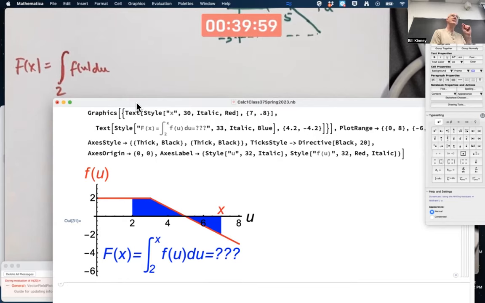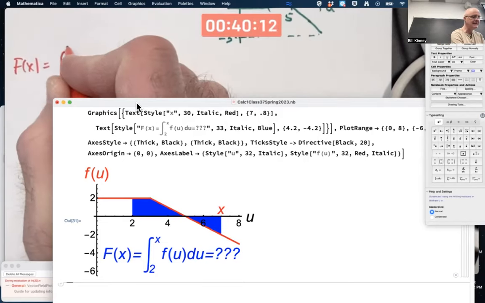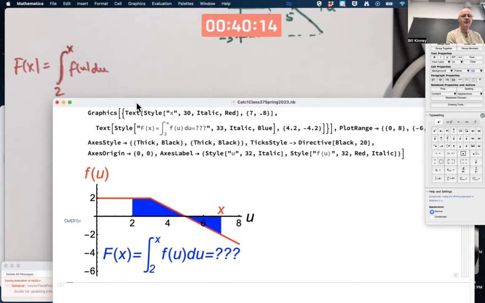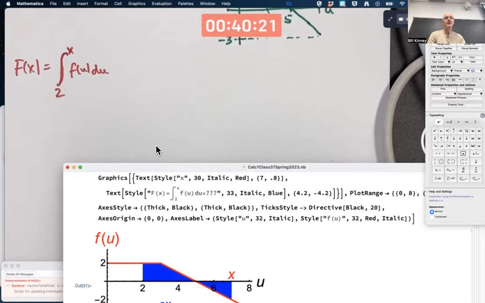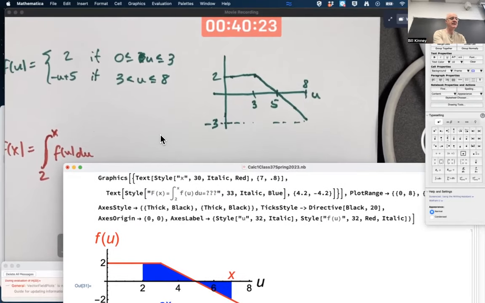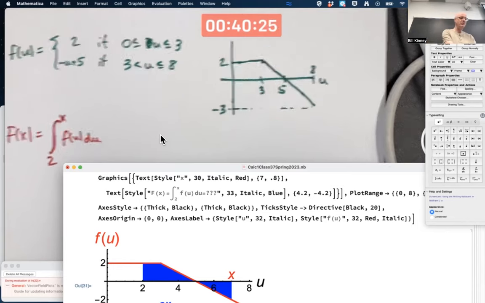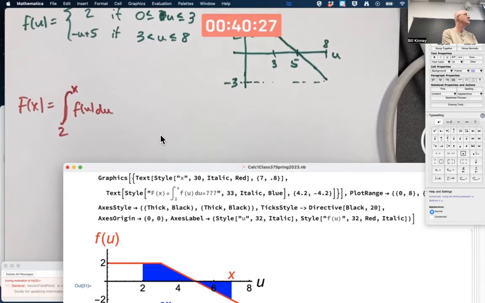If I do pick a different number, I will get a different function. But no matter what number I pick for that lower limit, I will get an antiderivative of little f. That's the point. I make this upper limit a variable x. And I'd like to know, what is this equal? I hope it's pretty intuitive, since little f is a piecewise function, that probably this is going to be a piecewise function too.